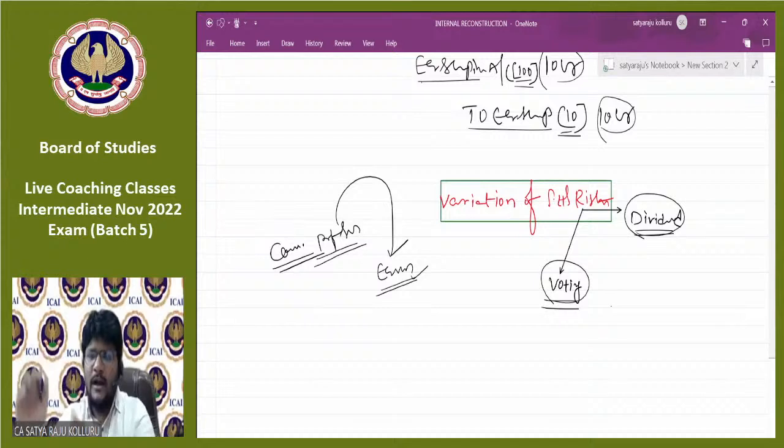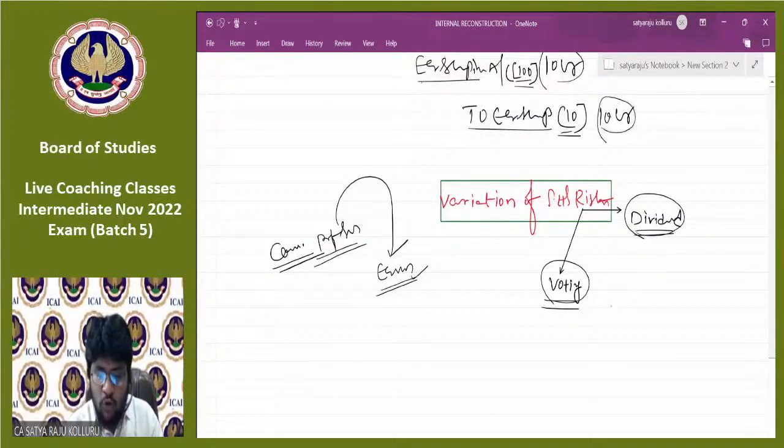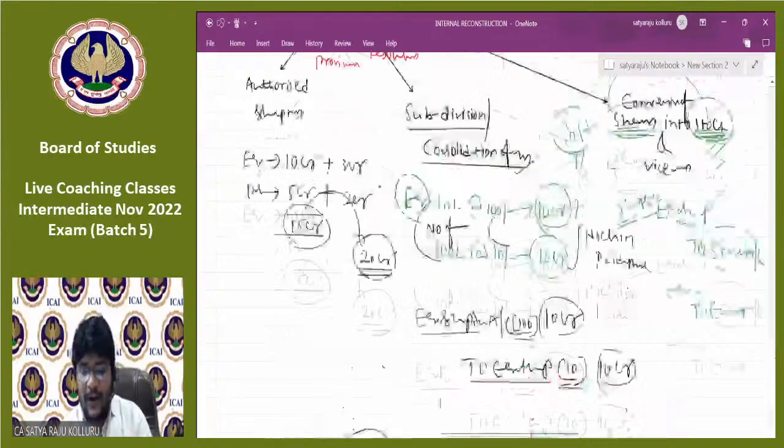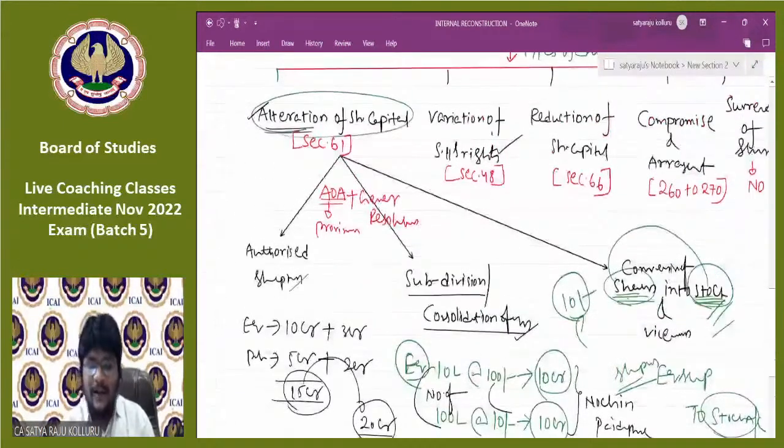Okay, sir, we are ready to sacrifice that portion, provided that you convert into equity shares. Then only we will lose, sir. At that point also they can go for conversion of preference shares into equity shares, which is known as variation of shareholders' rights, but which is not termed as alteration of share capital.